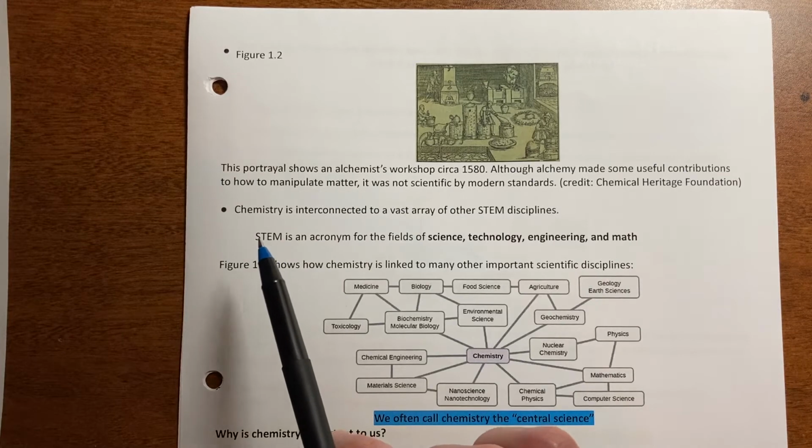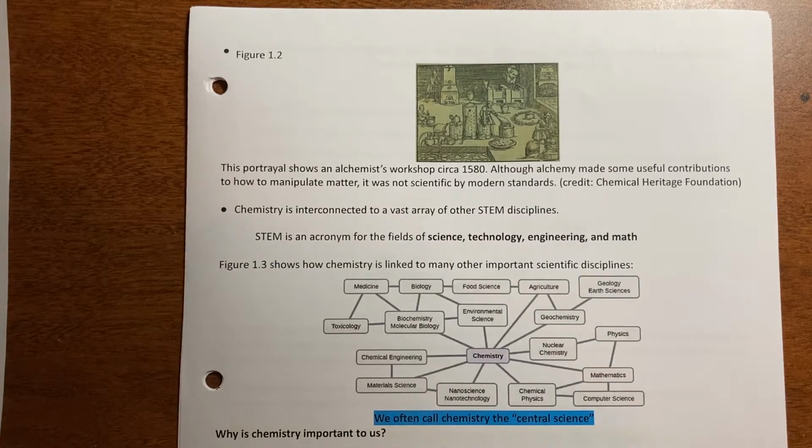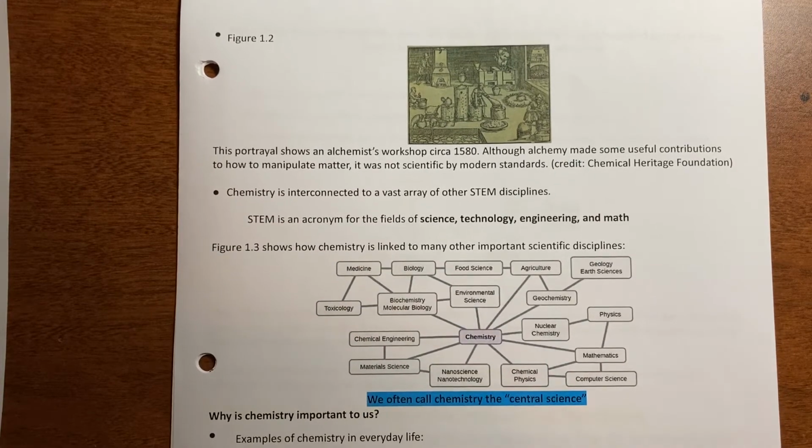But through a lot of experiments, we've come a long way in the last 100 or so years. We've learned a lot about matter, compounds and elements that have provided us with all the materials that we just take for granted today. Chemistry is interconnected to a vast variety of other topics. I'll show you a little chart.